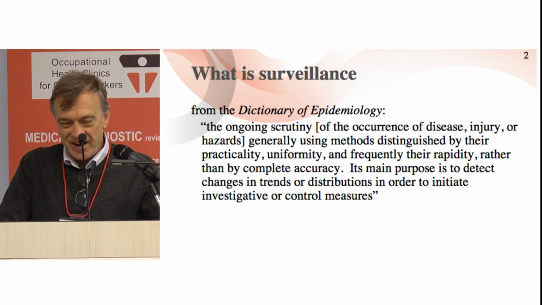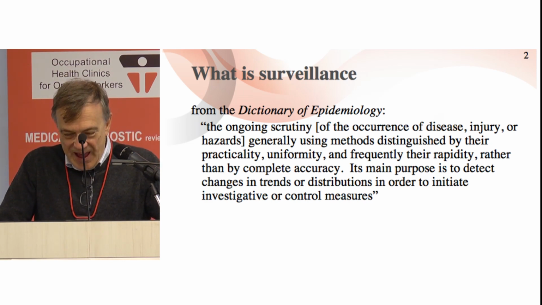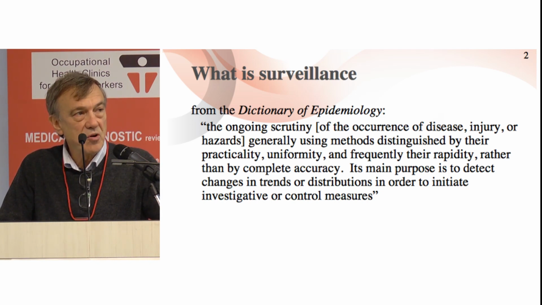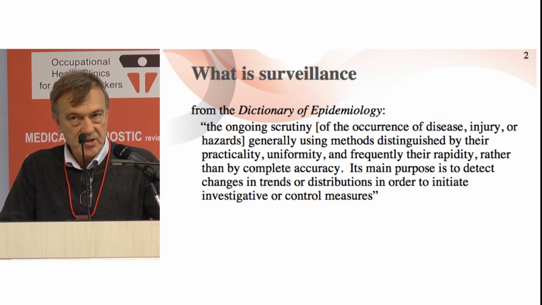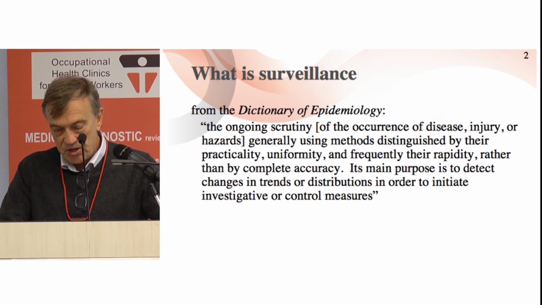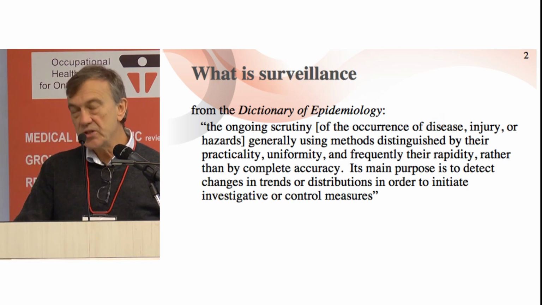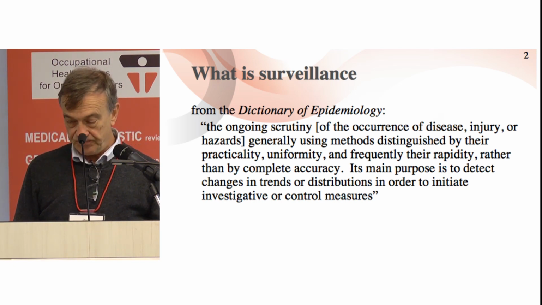There are not many Order of Canada epidemiologists. Practicality, uniformity, rapidity, those are all things that we look for in surveillance. We're trying to develop data systems that can be used to help drive prevention.